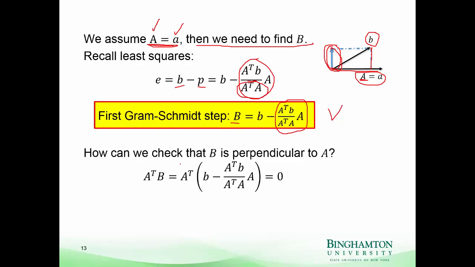We can do the inner product between A transpose and B. Remember, capital A and B are both vectors here.